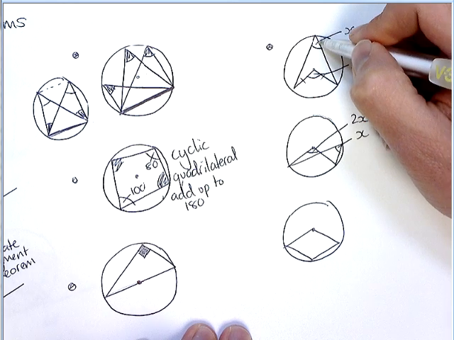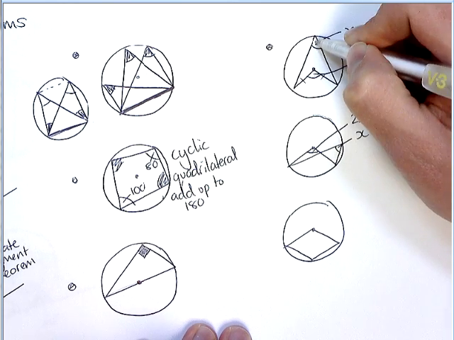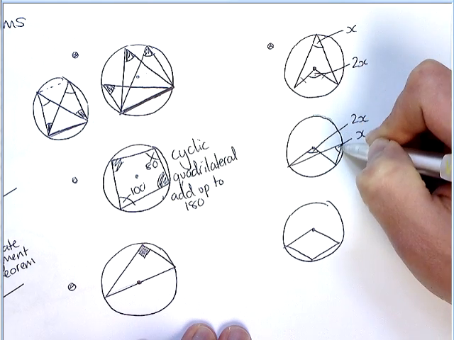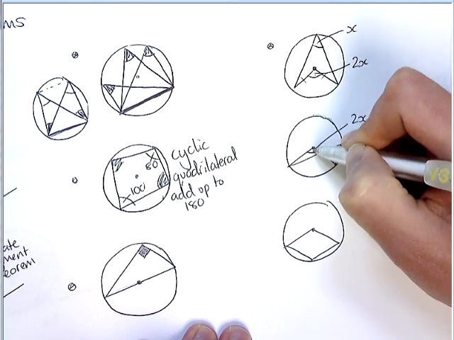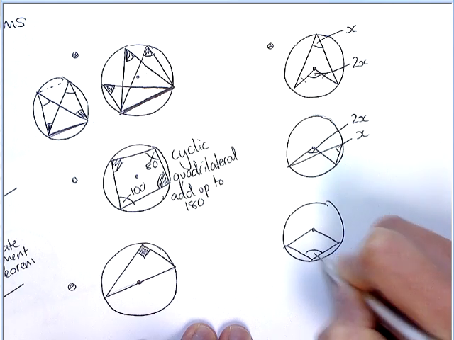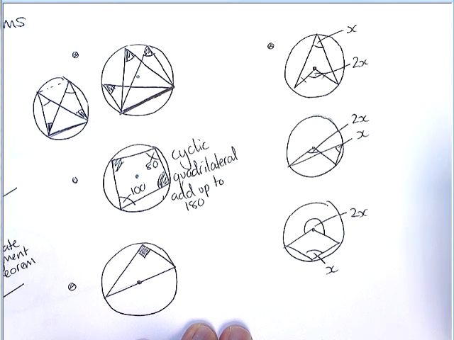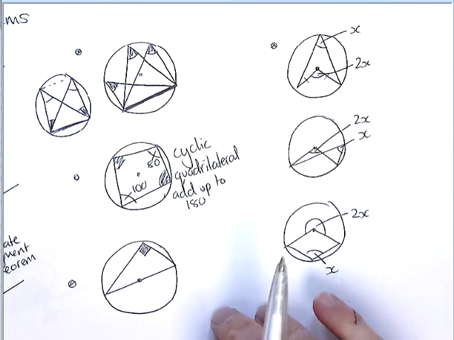So if you look carefully at this one, if you go past the centre, that angle is always double. So this one, when you go past the centre, if it was up here, this is double. So if I know this one, it's this bit that's actually the 2x. It's very, very, very tricky, and they often catch you out with that one. So let's have a look at some questions.